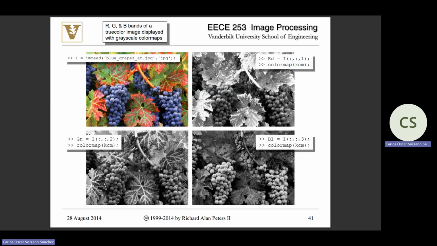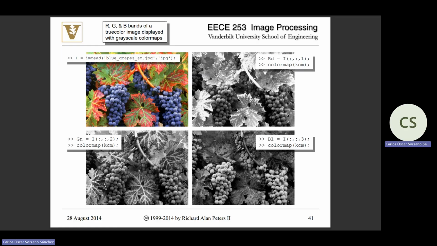It is darker here, it is darker there. These regions that are red are brighter here than there. The outer part is dark in the other channels because it is red, so the intensity should be coming from the red channel, not from the green or the blue channels. And these lines here are green. Here I barely see them, but in the green channel I see them very well.